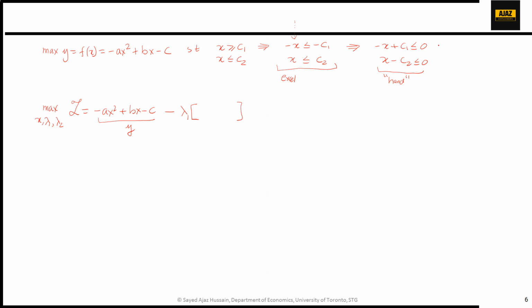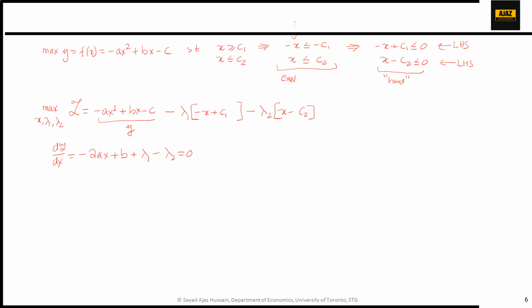Then you put the left hand side of that constraint, so that'll be equal to minus x plus c1, minus sign, lambda 2, left hand side of that constraint. So that'll be x minus c2. Differentiate the Lagrange equation with respect to x. It'll be minus 2ax plus b plus lambda 1 minus lambda 2 is equal to 0.